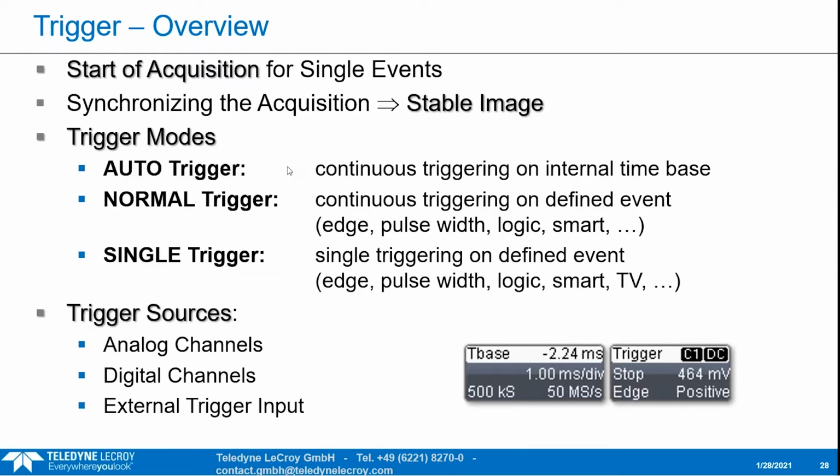Let me just point out that normal will only update the waveform display when there's a valid trigger, whether it's an edge or pulse width or whatever you've set. Auto trigger will say, I'm going to try to find that trigger point, but if it's not there, I'm just going to keep updating and giving you a display. It will try to trigger, but it's going to be a continuous update. And of course, single shot is just a single.